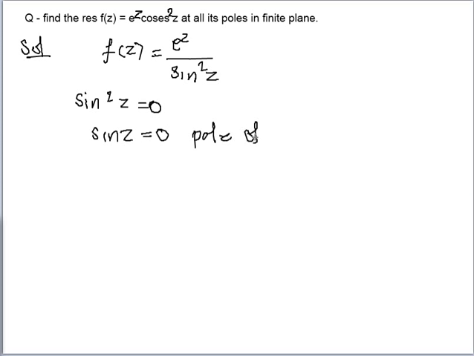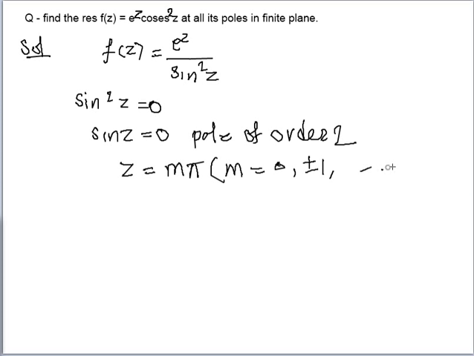And what is the pole? z equal to m pi, where m equals 0, plus minus 1, plus minus 2 and so on. So z equal to m pi is the pole of order 2. Hence z is not a limit point, so as z approaches infinity, it is a non-isolated singularity.